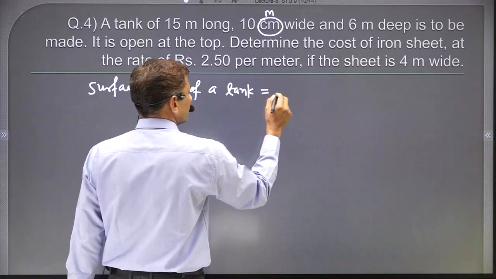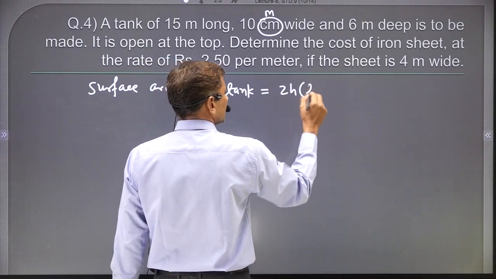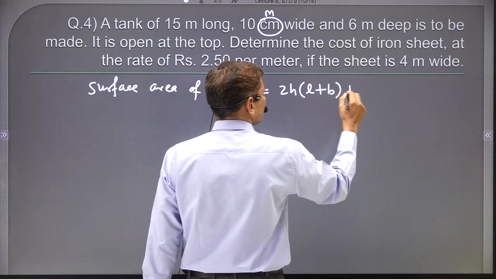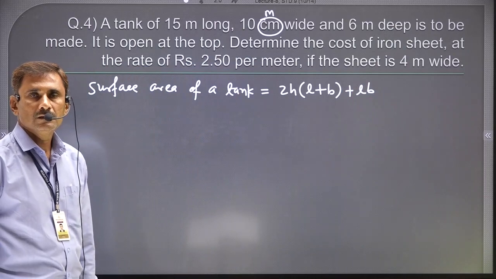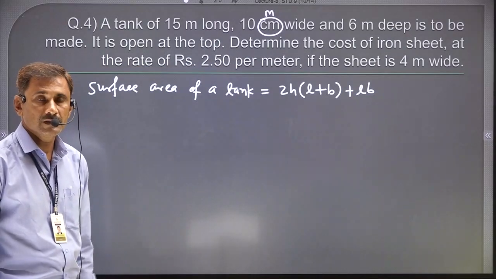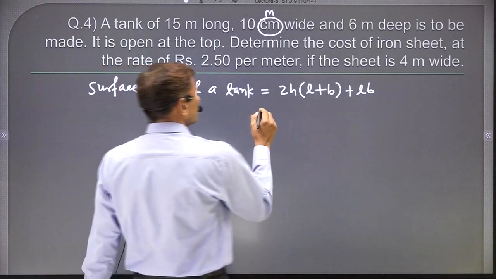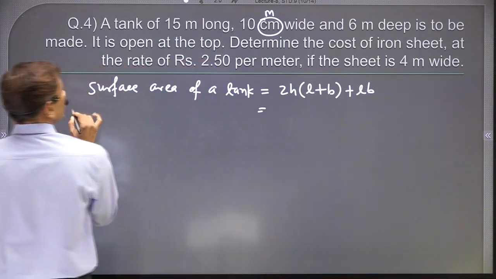Surface area of a tank, what will it be? It is LSA plus the bottom face. Okay, you understand, it is not the TSA, it is in between.